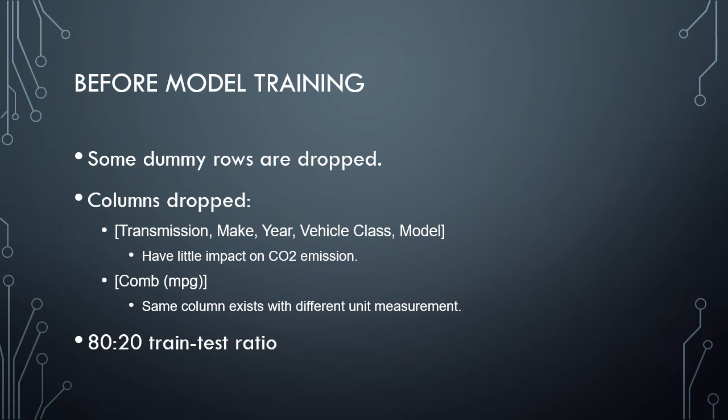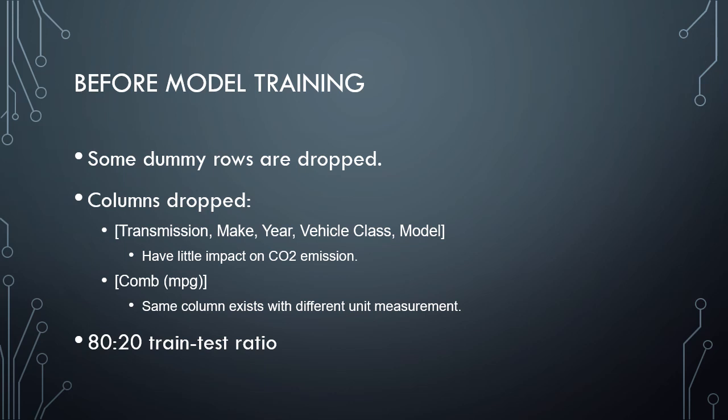Moreover, we also have some columns like transmission, make, year, vehicle class, and model. They are dropped as well since they are considered to have little or no impact on CO2 emissions. Also, combined fuel consumption MPG column is dropped too for representing the same value as another one, just by different measurement units.